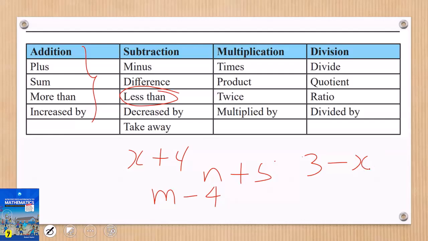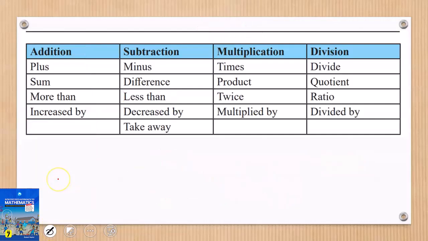Then we have multiplication, and the words we can easily use for multiplication are times, product, twice, multiply by, etc. So if I say 2 times a number, maybe the number is n, or the product of 4 and 5, or twice a number, then it goes that way. For division, we can use words like divide, quotient, ratio, divided by, into.